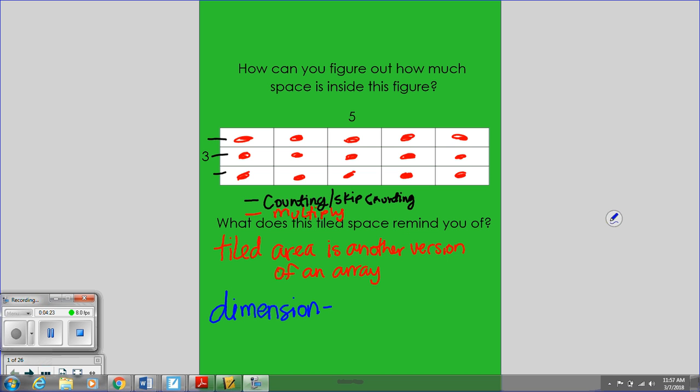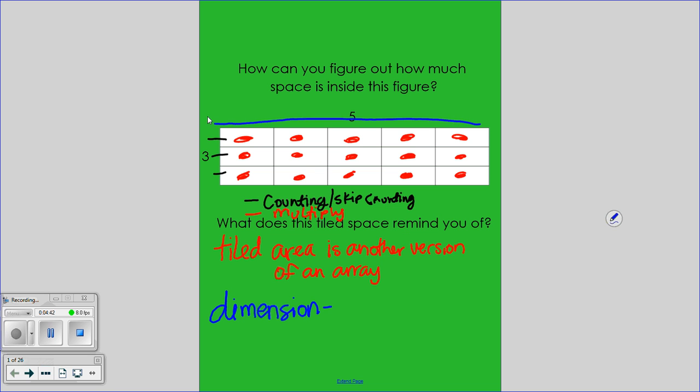If I have a 2D shape, it means I can measure 2 things. This rectangle up here is a 2D shape. It's flat. I can measure its length and width. Height is how it comes off the page.